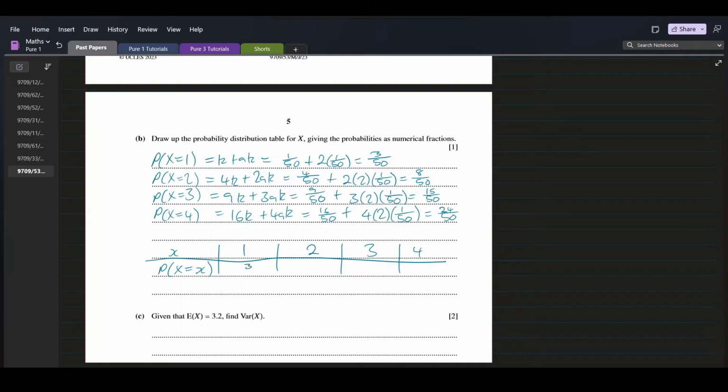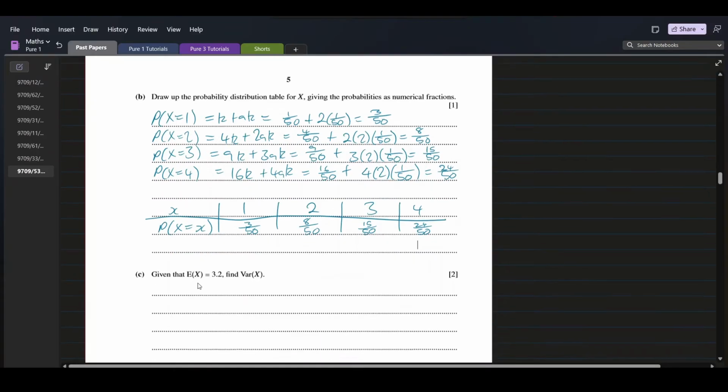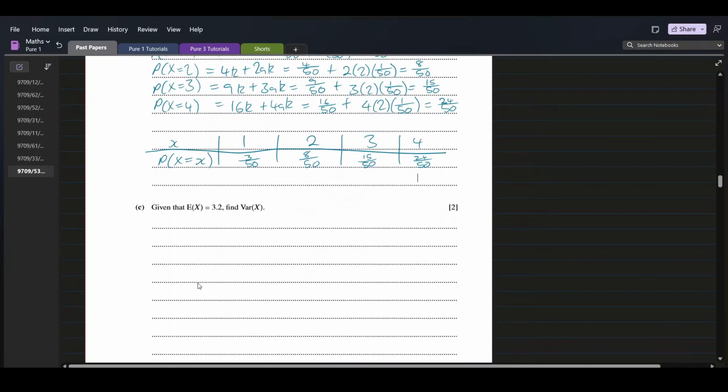So 1 is 3 out of 50, 2 is 8 out of 50, 3 is 15 over 50, and 4 is 24 over 50. And make sure to draw this with a ruler, as well as make sure to close all the cells of the table.